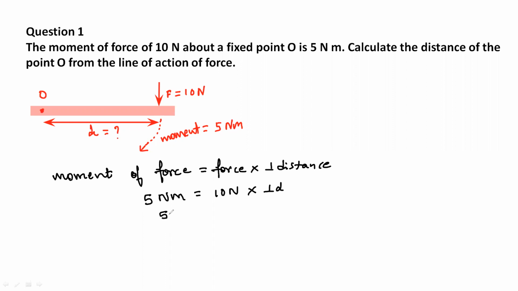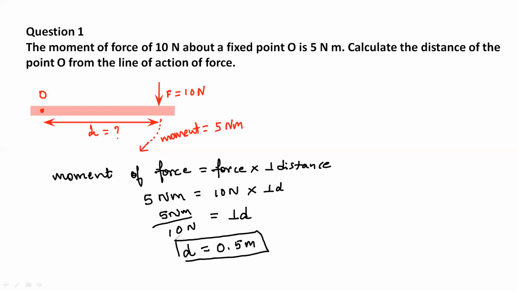So 5 Newton meter divided by 10 Newton is equal to perpendicular distance. On simplifying, we'll get the perpendicular distance as 0.5 meters, which is the required answer. You can expect this question for 1 or 2 marks.